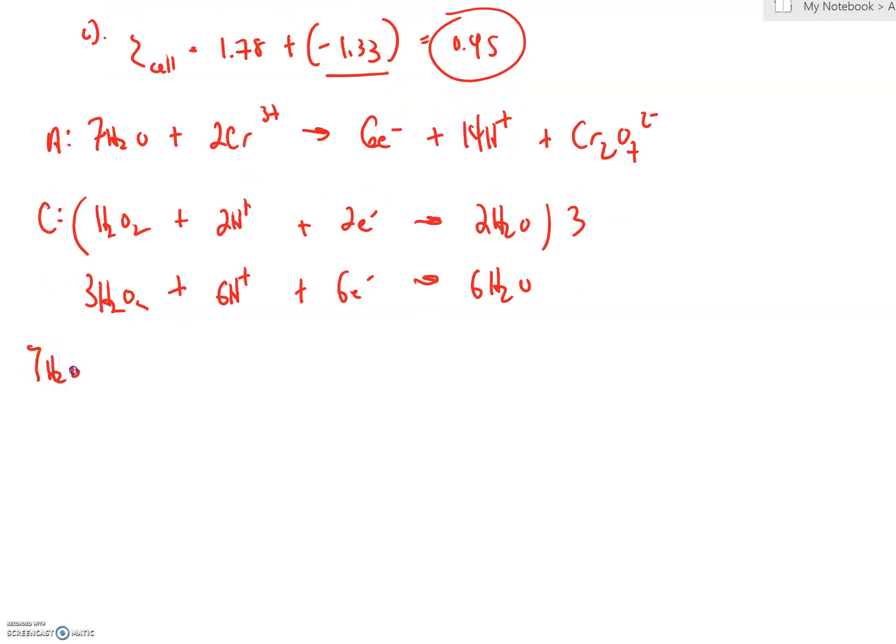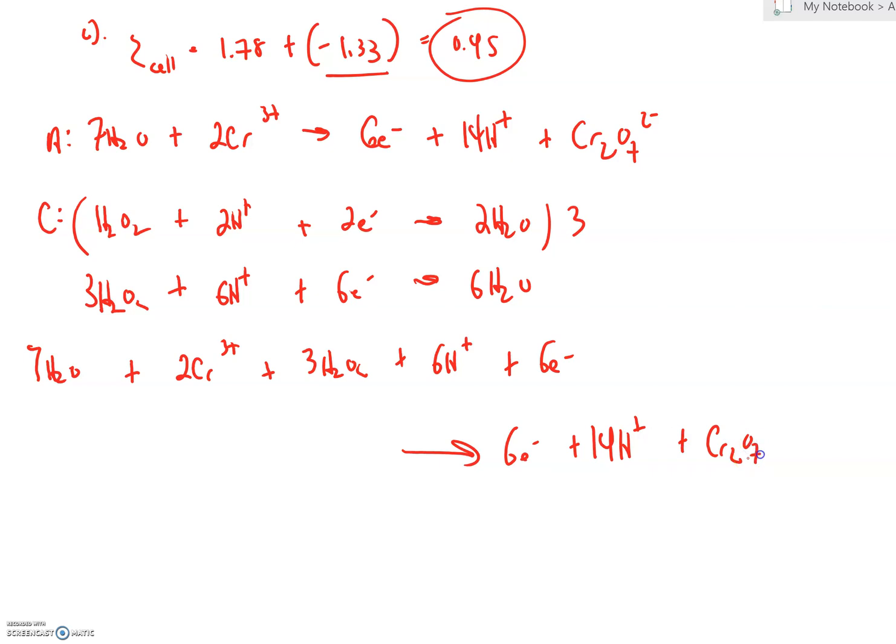So 7H2O plus 2Cr3 plus, 3H2O2 plus 6H plus and 6 electrons yields 6 electrons plus 14H plus Cr2O7 2 minus plus 6H2O. Okay, so we'll cancel out the stuff that appears on both sides.